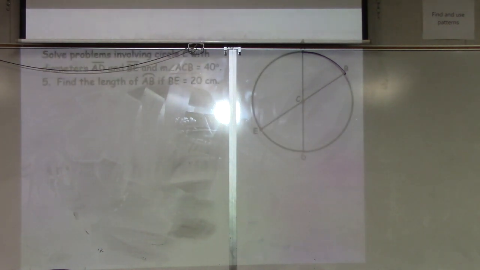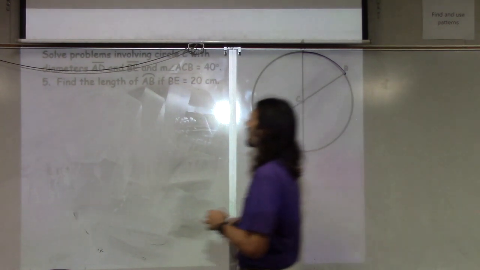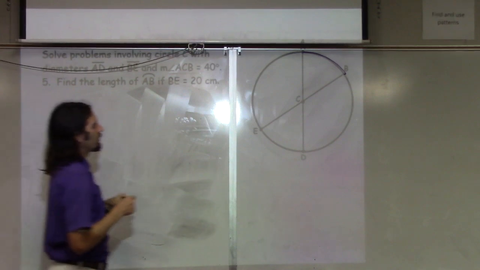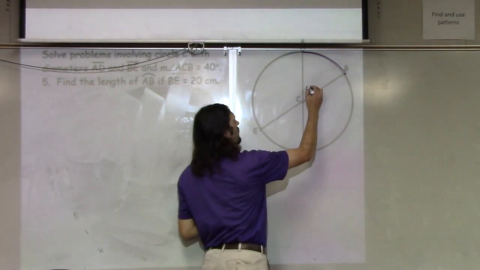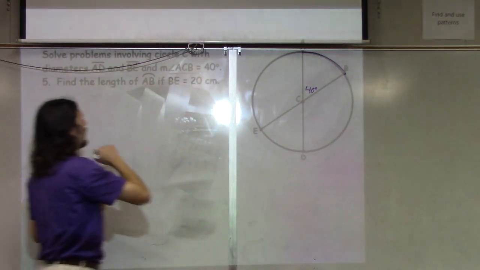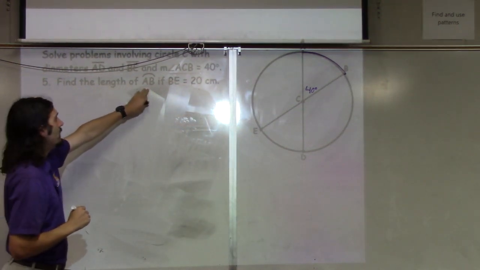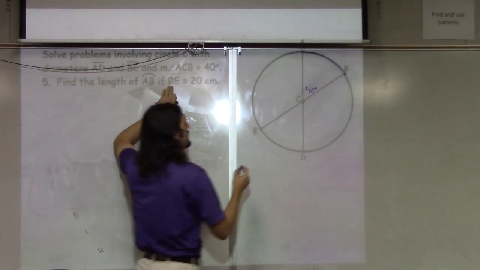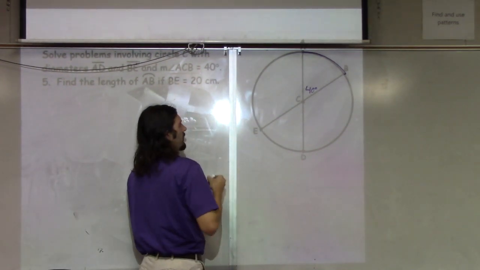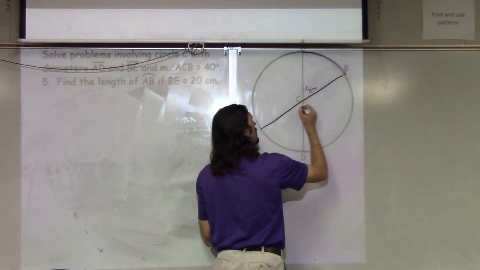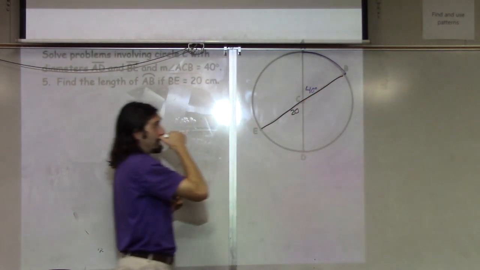So, going to our last problem. We know that ACB is 40. So I'm going to come over here and write this as 40. We want to find the length of AB, given that we know BE is 20. So over here we know that BE is 20.